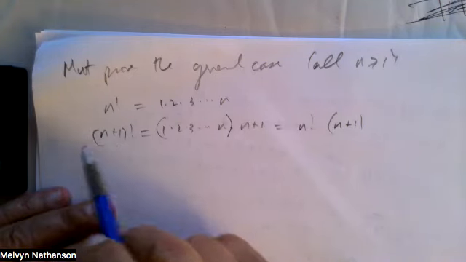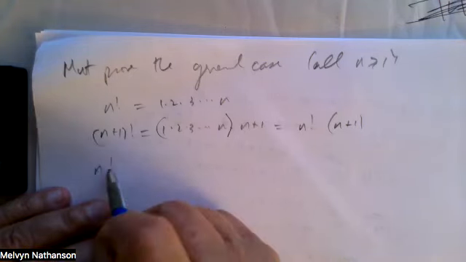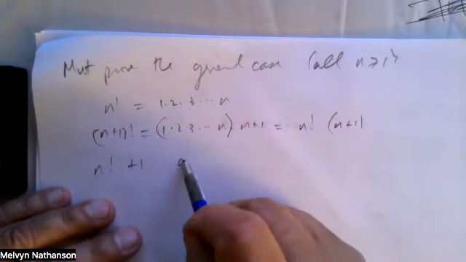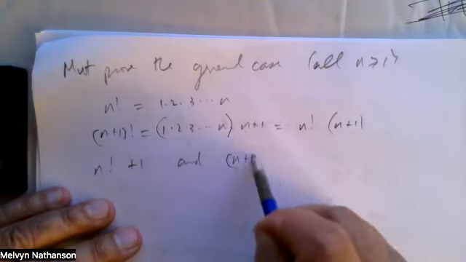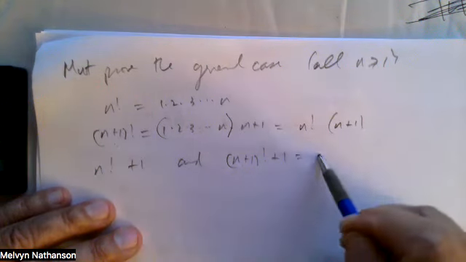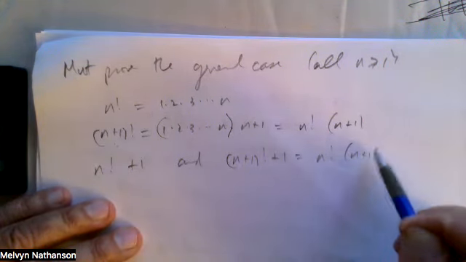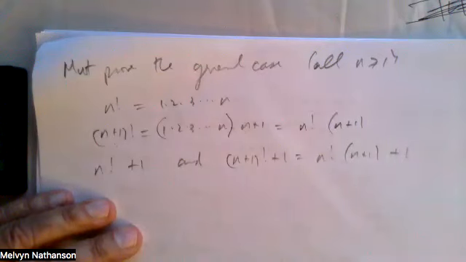So I'm looking at the numbers n factorial plus 1 and n plus 1 factorial plus 1, which is n factorial times n plus 1 plus 1.